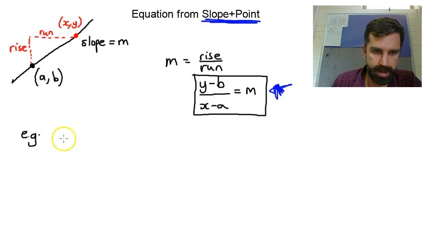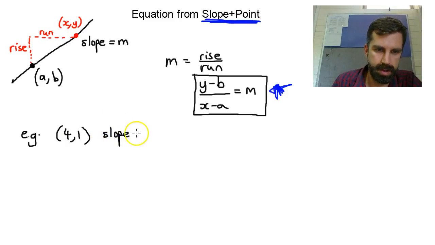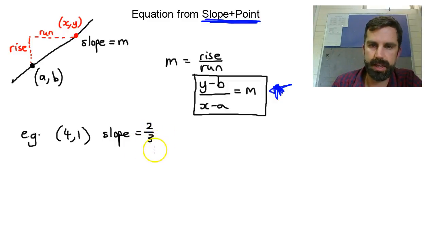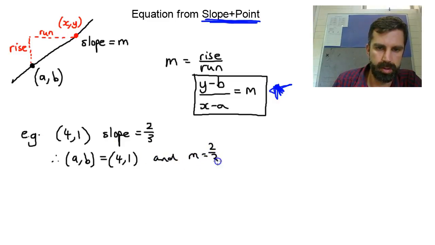Let's say the point that the line is going through is 4, 1, and the slope is 2/3. Now don't let the fact that it's a fraction scare you. You can still work with it. So in this case, the point on the line is A, B, which is 4, 1, and the slope, m, is 2/3.